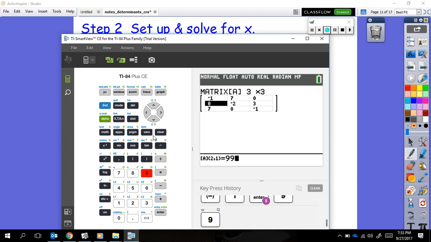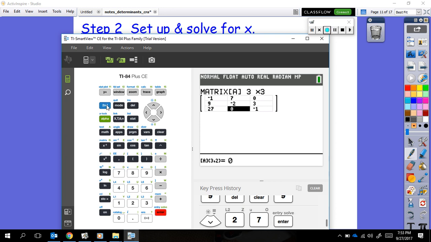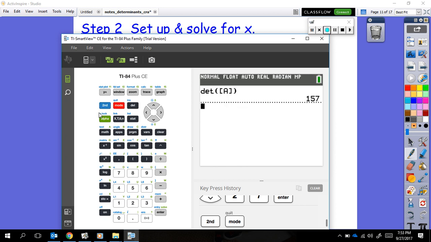Oops, not 99. Delete. Clear. 9. And then we're going to go down and put in a 27. Yes, you can use the arrows. And then do second quit again.